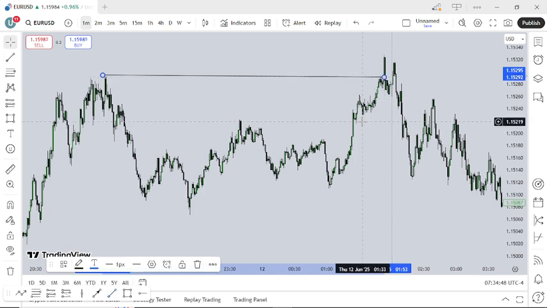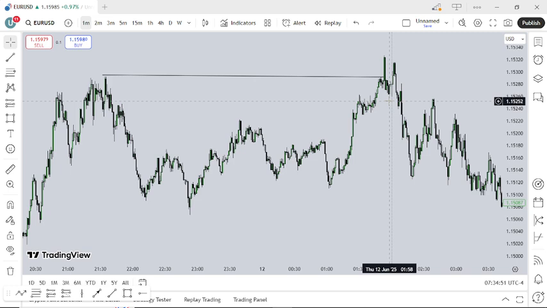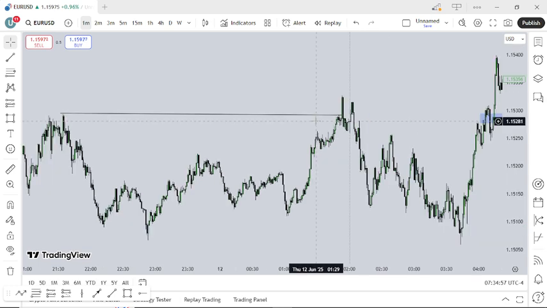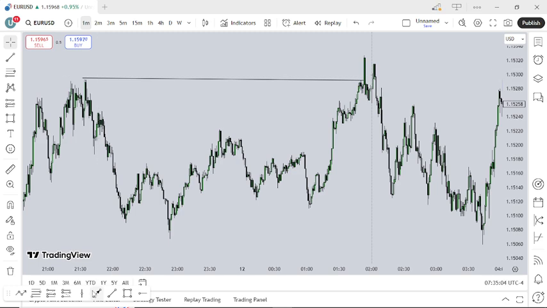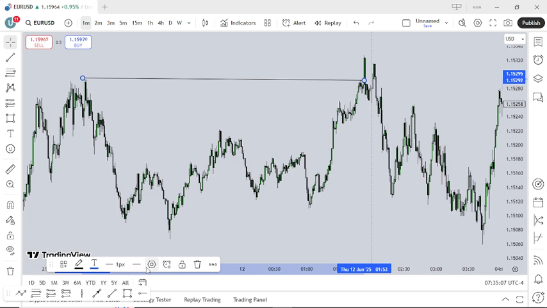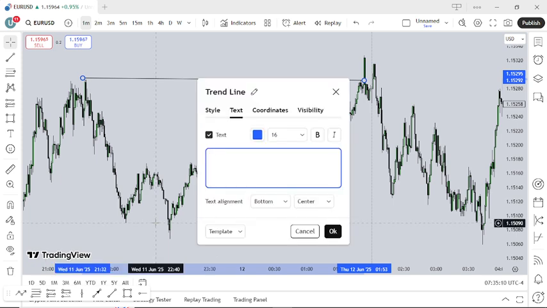So before the London session opened, we were watching this high here, and then we saw that before the session opened, price actually took out that liquidity. Let me label that so that you guys can see it clearly.